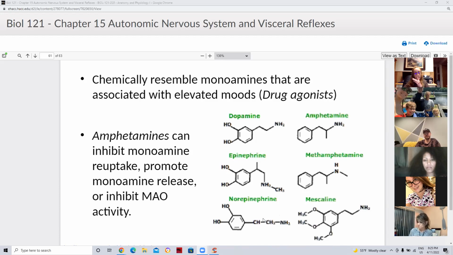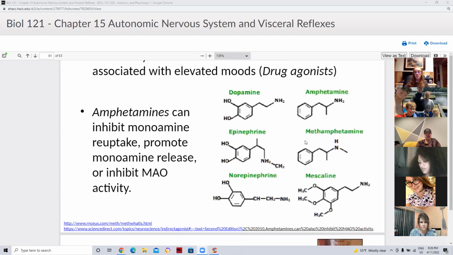They can either inhibit monoamine reuptake, promote monoamine release, meaning stimulating their release as neurotransmitters, or inhibit monoamine oxidase activity by blocking the breakdown of those monoamines. The more you learn, the more you understand why these things are so addictive.